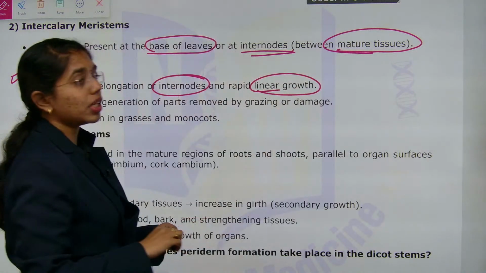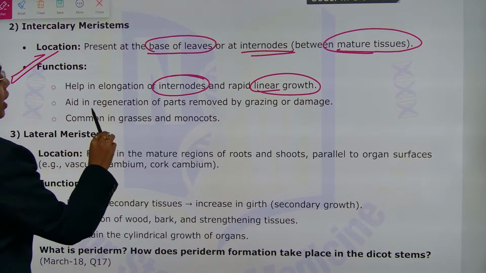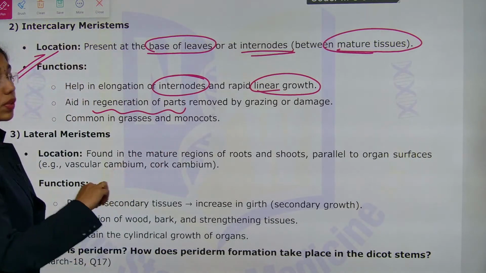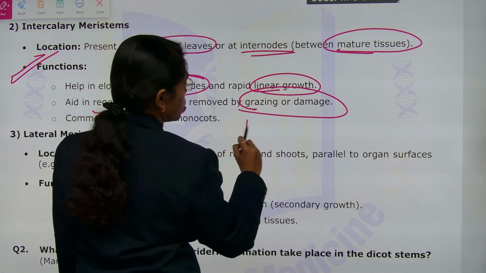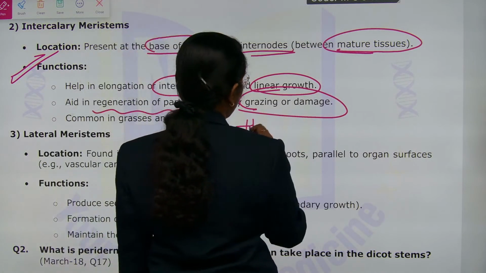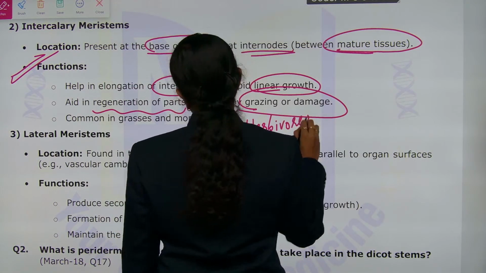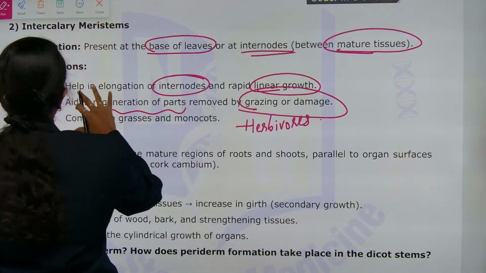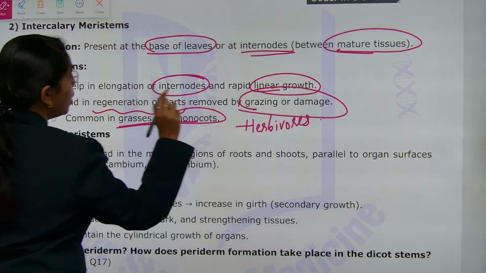It aids in regrowth of parts which are removed by grazing herbivores or damaged. Intercalary meristems are common in grasses and monocots.